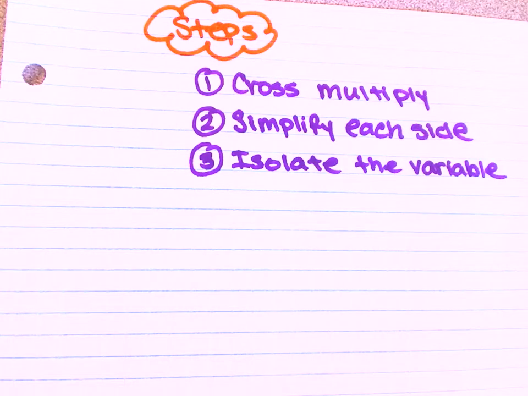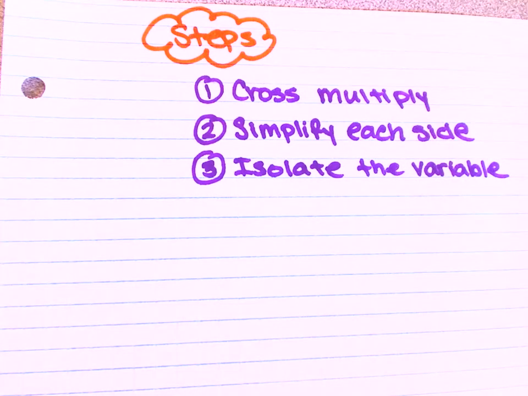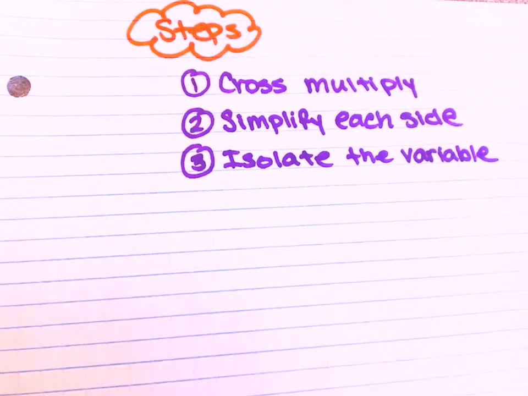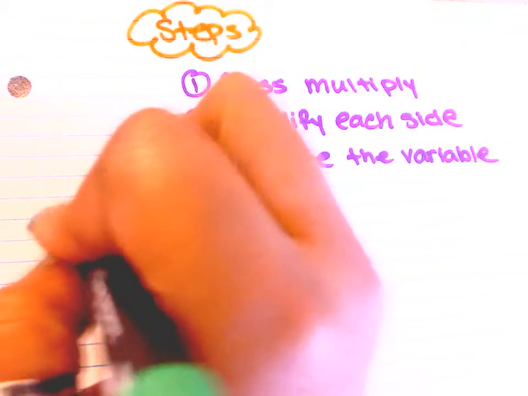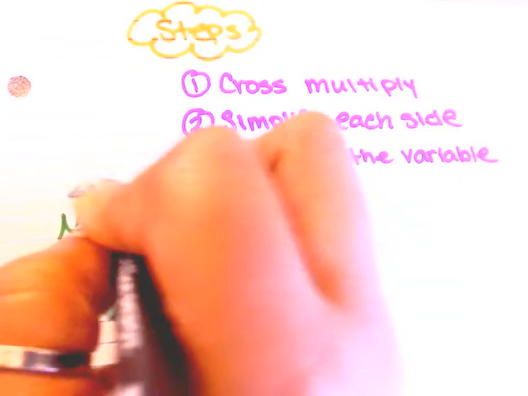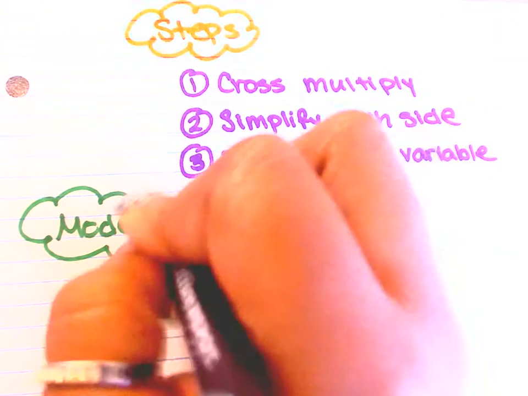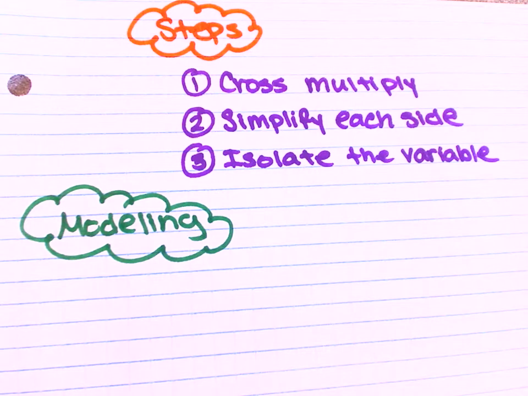We'll usually skip a person doing modeling the days we have world language because we lose some time. So I'm going to go ahead and show you how to do these type of problems. You might get a problem that looks like this.